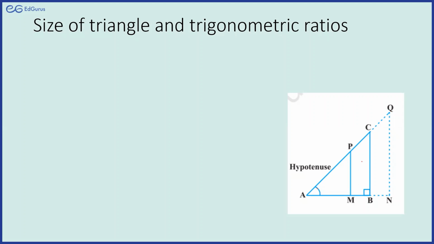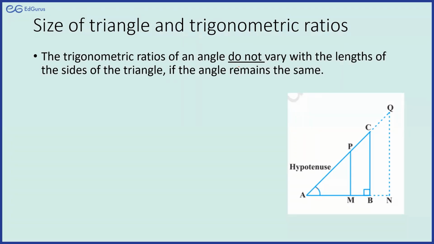Do all the trigonometric ratios remain same? If I say sine of A, would it change for APM versus ACB, or would sine of A remain same? Trigonometric ratios of an angle do not vary with the lengths of sides of the triangle if the angle remains the same. So this is very important.